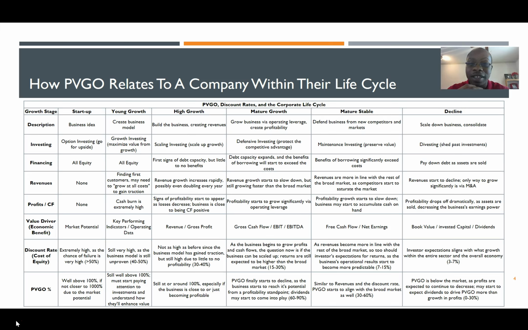I'll admit that, because you kind of need a positive number to work with when using this PVGO percentage. And if you don't have a positive number, i.e. no profitability, like I can't even finesse the numbers to get you there, then I'm sorry, I can't use it for you. So venture capitalists, you guys are still trying to figure things out.